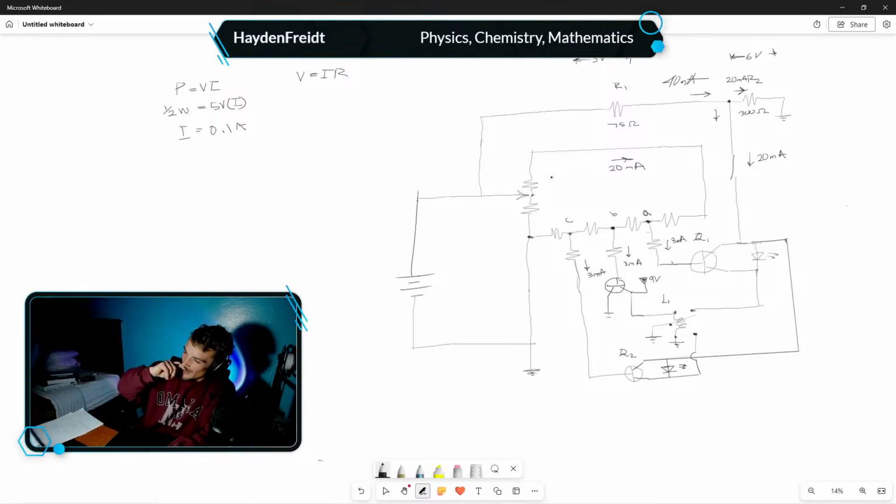Well, if it's 20, then it's going to be 20 milliamps minus 3. So right here, it's going to be 17. I'm not going to write the unit. 17 minus another 3 is 14. Minus another 3, and then 11.